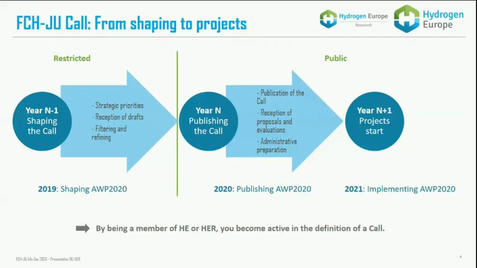As we go along the year, we ask for drafts, we select the priorities according to the strategic priorities that were defined, and we refine all the way to October, November, where the call is almost done and goes for approval to the Governing Board before being published in January 2020.